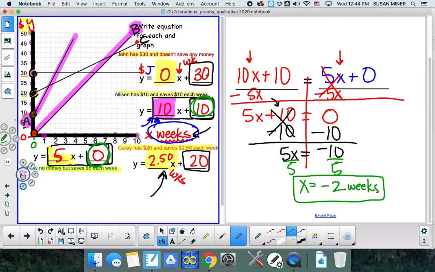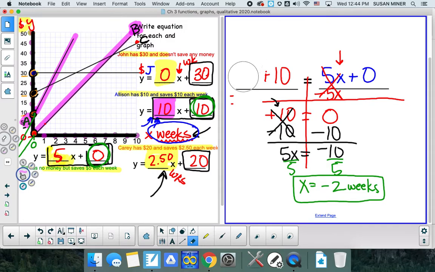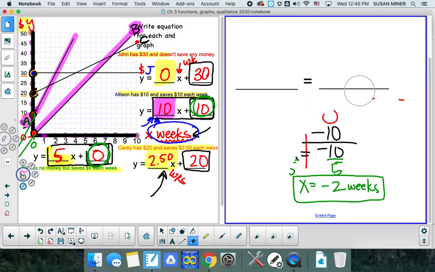And so if we extended these graphs way back out here, they had the same amount at negative 2 weeks. So sometime before they even started saving, Allison had money. That's kind of what that's telling me. I know that doesn't make total sense, but we also know the number of weeks that they are the same. So let's do another one and see if we can somehow make sense of this.